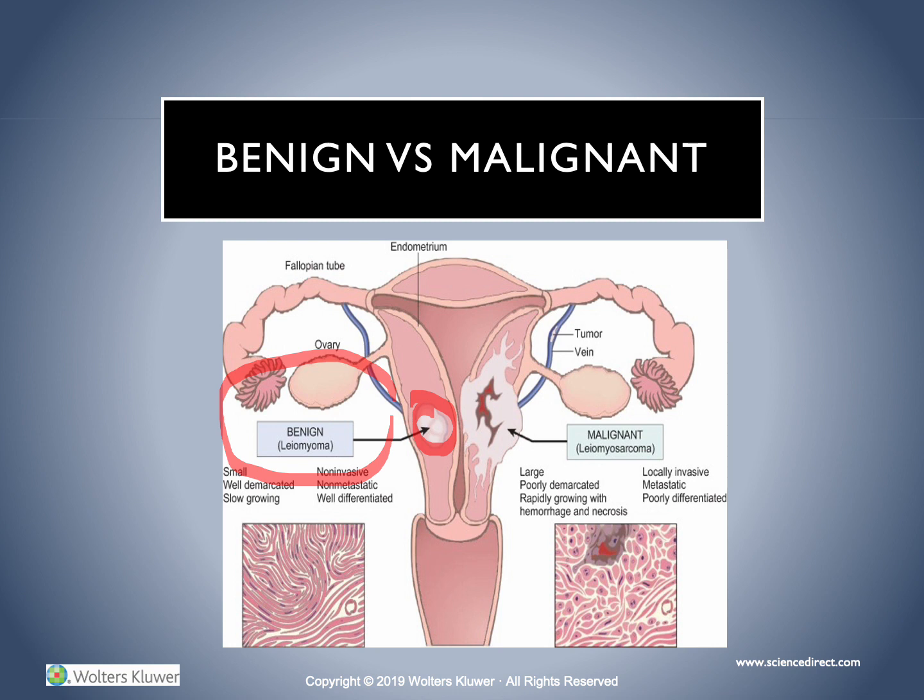Whereas if you look on the right, and I'm going to do that one in yellow, what a malignant tumor looks like, you can see how it invades other areas. So that is a visual of the difference between a benign and a malignant neoplasia.